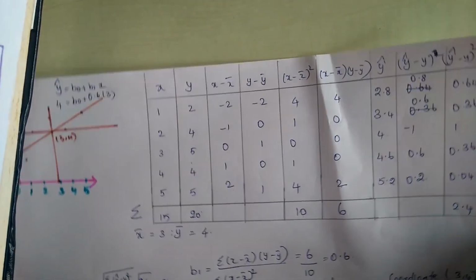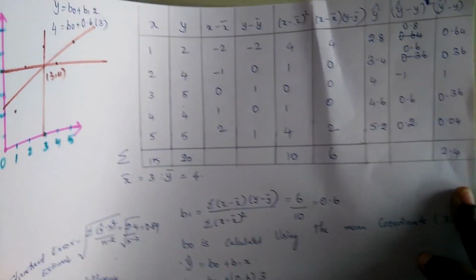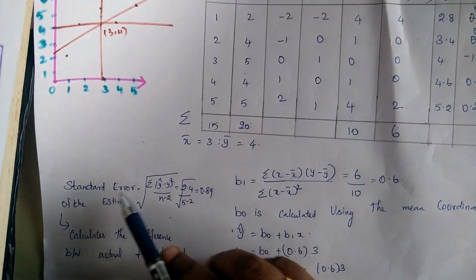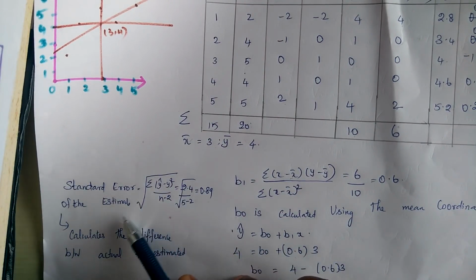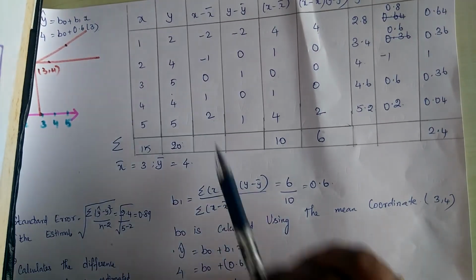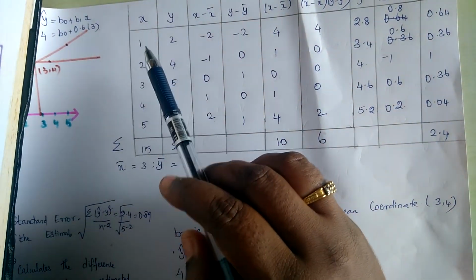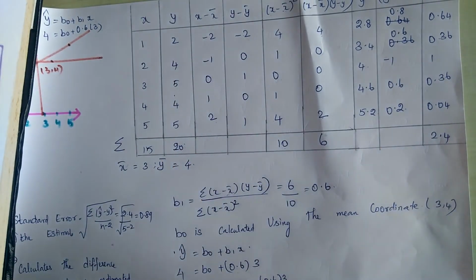So now, after having done all this, we need to evaluate our model. So now our model is ready, but we have to evaluate it. How do we do that? There is a method called standard error of the estimate. So this is the equation of the standard error of the estimate. The logic behind this is that we have the xy pairs for the actual values of x and its corresponding actual values of y.